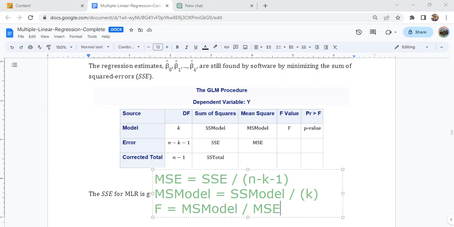What else is nice about it? I guess that's it. MSE is interpretable. Yeah, that's kind of it. Oh, and the SS values.